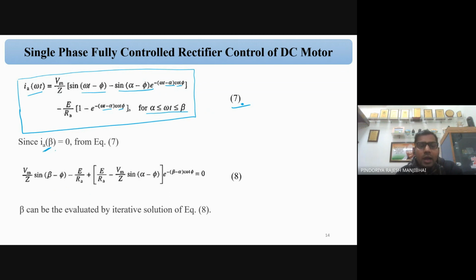Since IA at beta is equal to 0 from equation number 7, we can consider I at beta is equal to 0. So we can say Vm by Z sine beta minus phi, minus E upon RA, correct? So this is equation number 8.